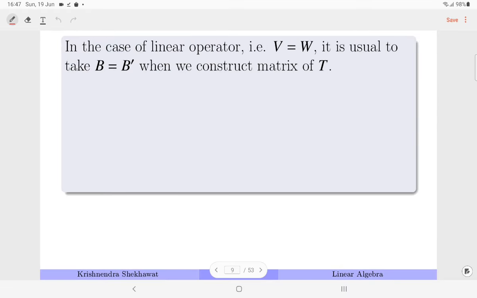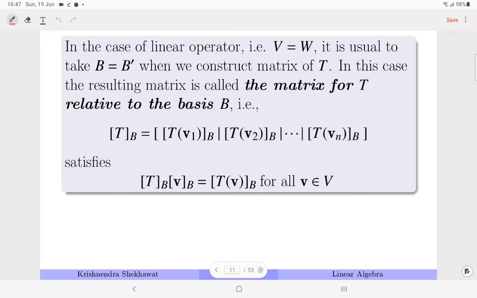And if V is equal to W, in that case we will assume B is equal to B dash if they are not given separately, and if B is equal to B dash, then of course the matrix for T relative to basis B is denoted as T_B, which is [T(V1) B and so on], and this is a special case where the coordinates of T of V with respect to B is equal to T_B times the coordinates of V with respect to B.